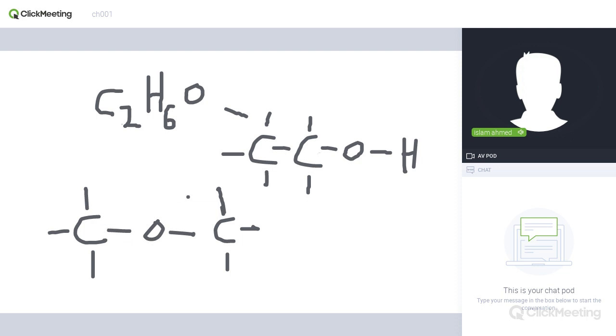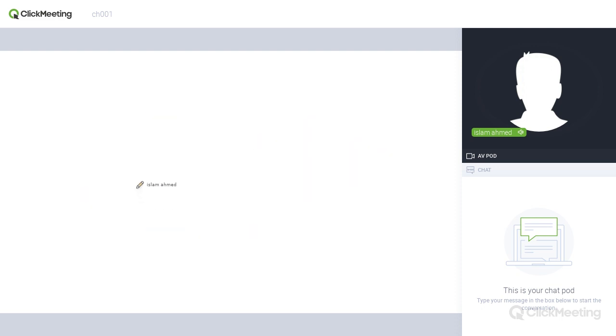As we can see from the chart we have in the notes, what are the isomers? Compounds that have the same molecular formula but differ in chemical structure are isomers. That's correct.